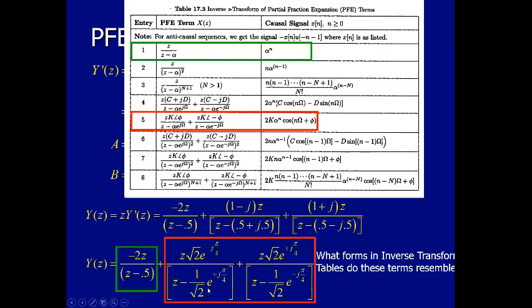So I'm going to call 1 over square root of 2 as my alpha. I'm going to call plus pi over 4 as my omega. I'll make square root of 2 my k, and minus pi over 4 as my phi.